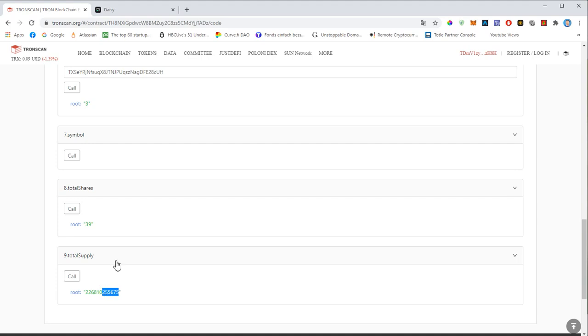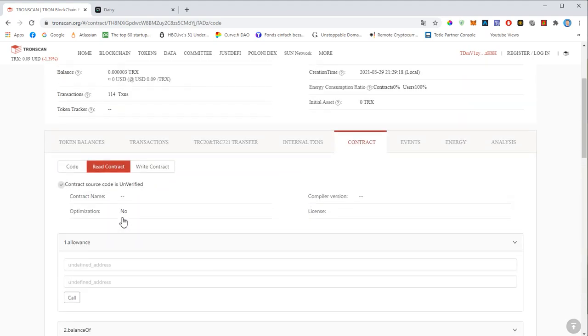Yeah, well, this is 226,000 that will be distributed across those 39 people, and this person will get 3 out of 39 shares, right? So basically 1/11th, okay? No, 1/13th.